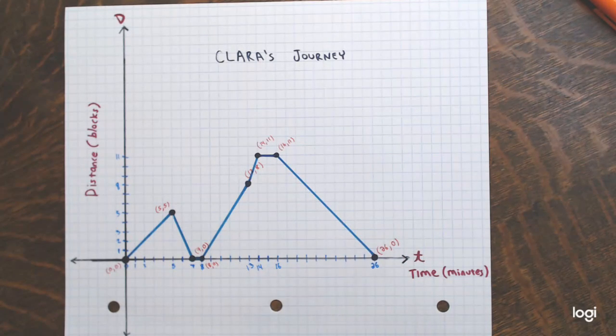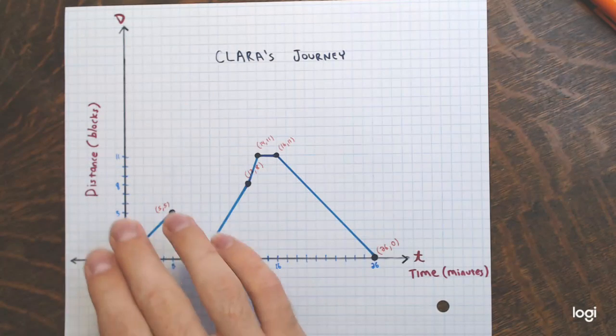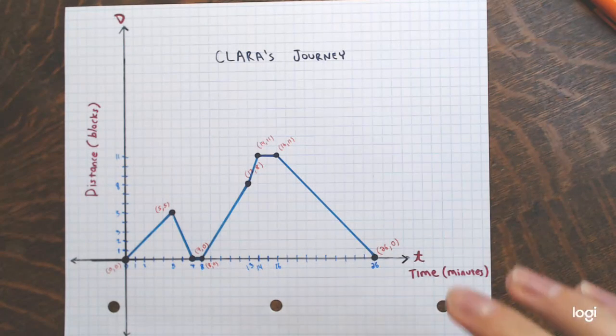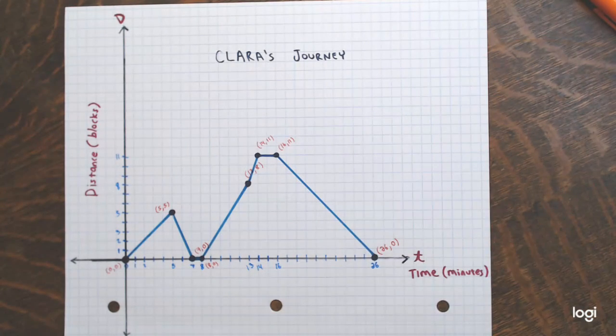Make sure your axes are properly labeled with what variables they represent and what units are involved. Also make sure that the notches, the distance between units, are consistently represented on your axes, just so someone outside the problem, if they were to read it, could understand what was going on, or at least make a nice educated guess as to what was going on based on your picture, even if they didn't read the problem.